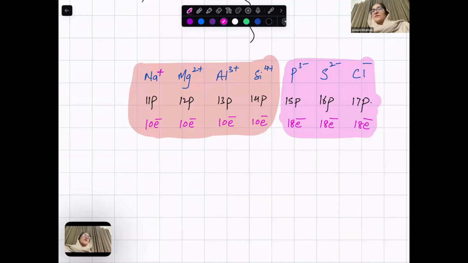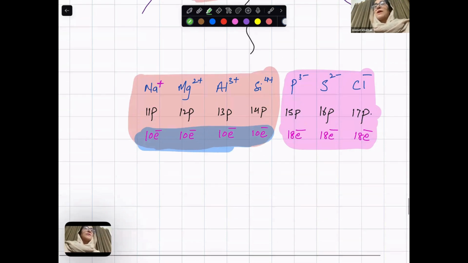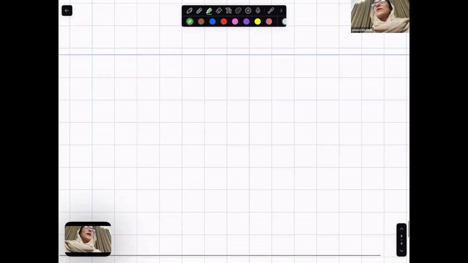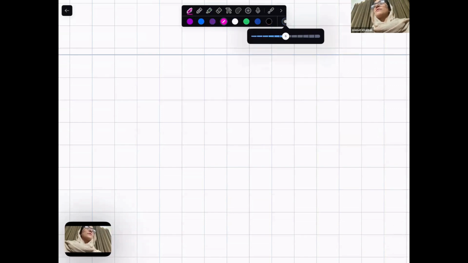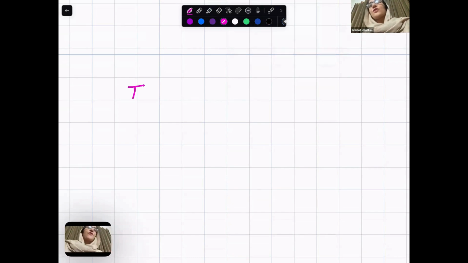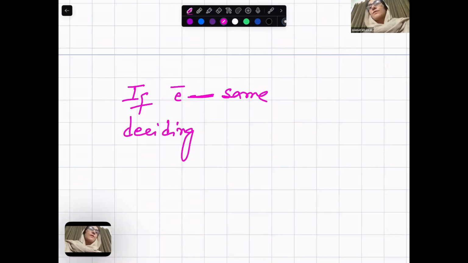Now, if you look at these, are the electrons same or different? When electrons are same, keep in mind, the deciding power or force is proton.